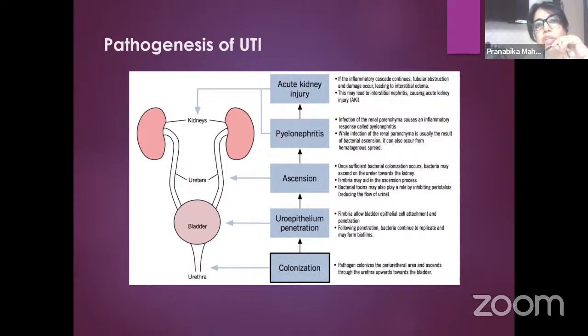Then this will cause acute kidney injury. If the inflammation cascade cannot be broken, tubular obstruction and damage to the interstitium will occur. There will be damage of the renal parenchyma, leading to interstitial nephritis, which causes acute kidney injury and acute tubular necrosis. So this is how urinary tract infection occurs in human beings.